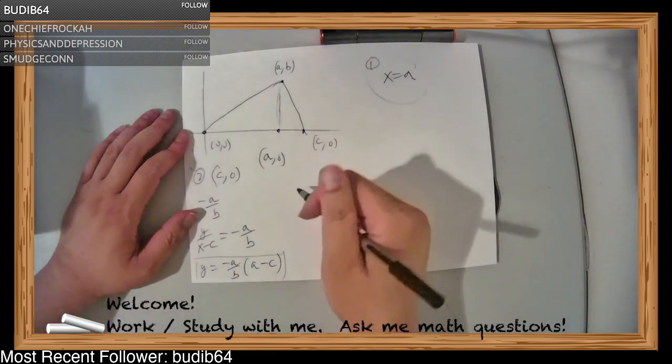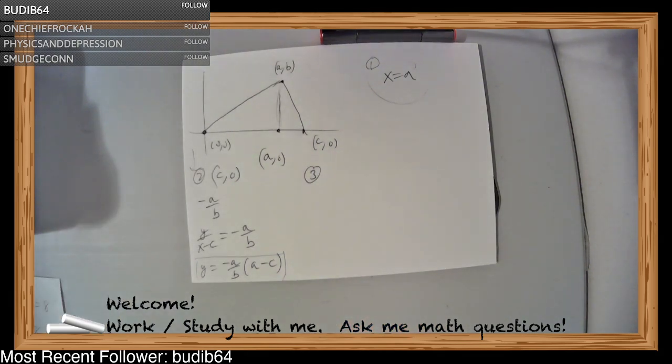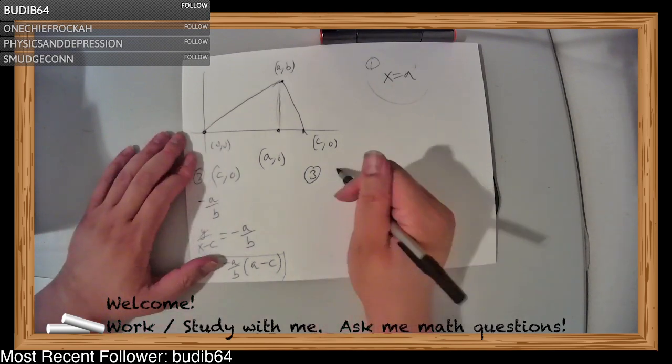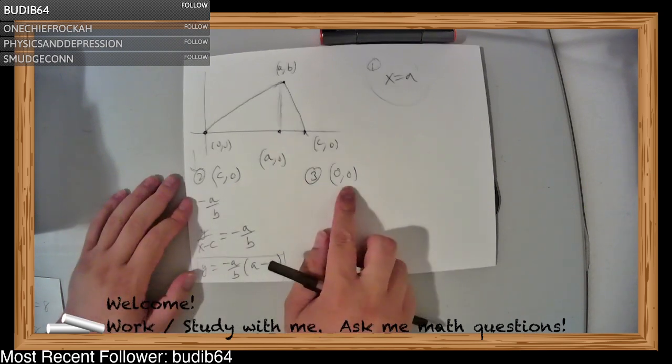All right, so finally we have equation 3, where we're trying to find the perpendicular going through 0, 0. Okay, so the slope of that line will be... altitude. Oh, did I say perpendicular? Altitude, right. We're trying to find the altitude that goes through 0, 0.